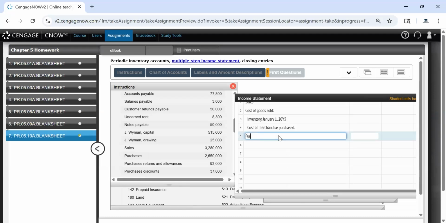We're going to start with purchases, and that is 2,650,000.